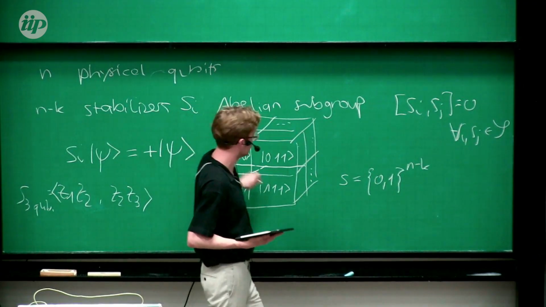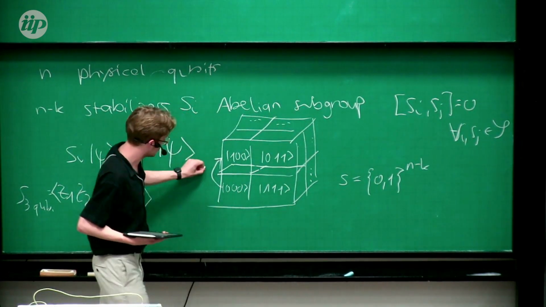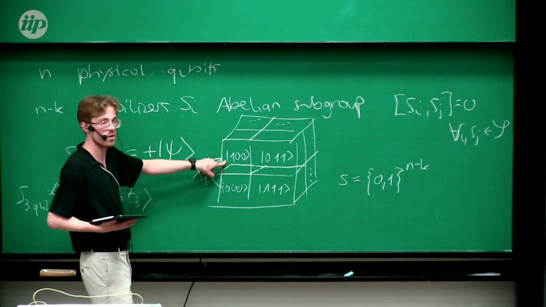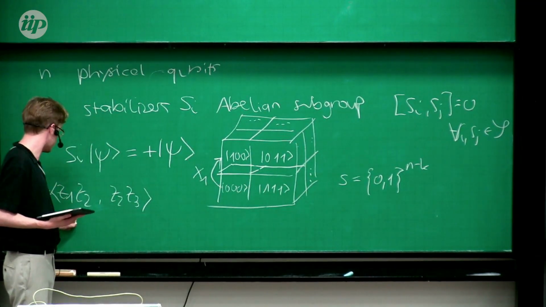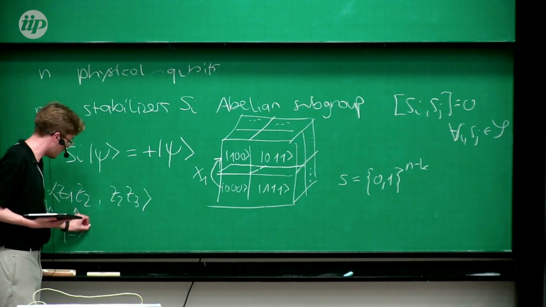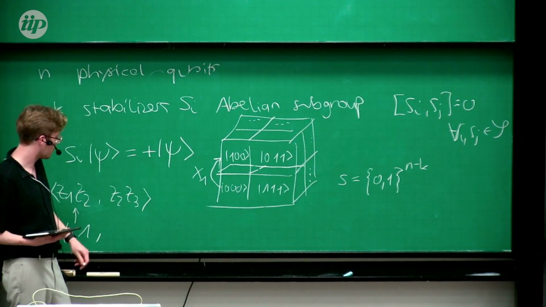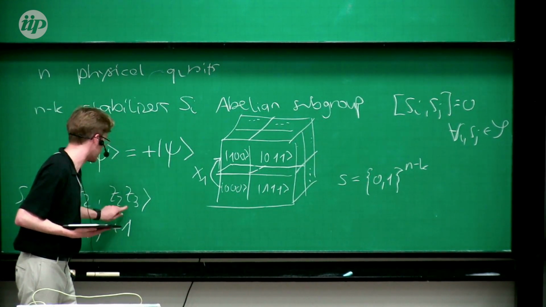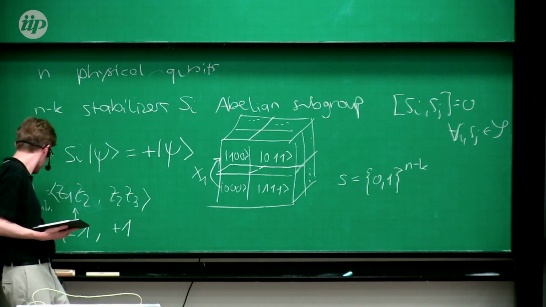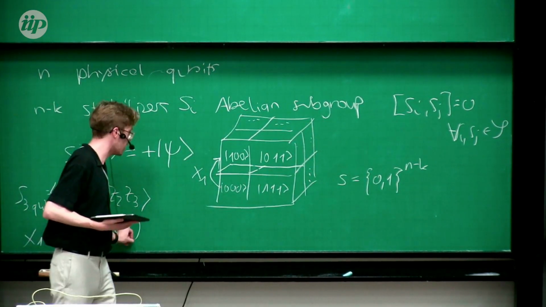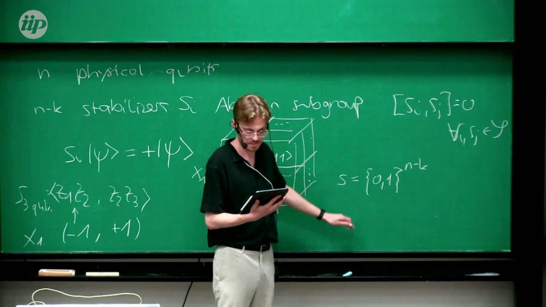And yesterday, for example, an X1 error sent us to an orthogonal subspace, and if we measured this first operator, we got a -1 outcome, and the second operator for X1 still got a +1 outcome of this syndrome vector.